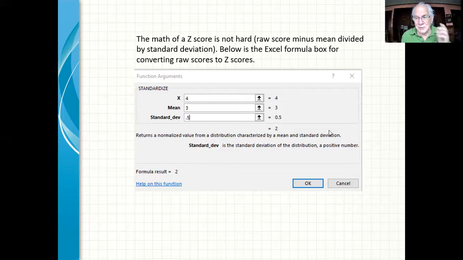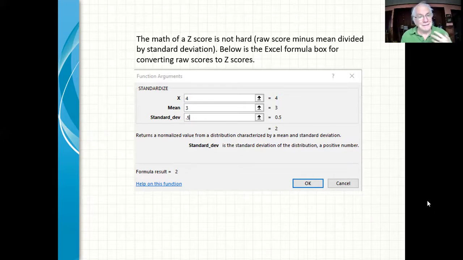Think about that again. The formula is the raw score minus the mean, divided by the standard deviation. The raw score is 4, the mean is 3, 4 minus 3 is 1, divided by the standard deviation of 0.5 gives you 2.